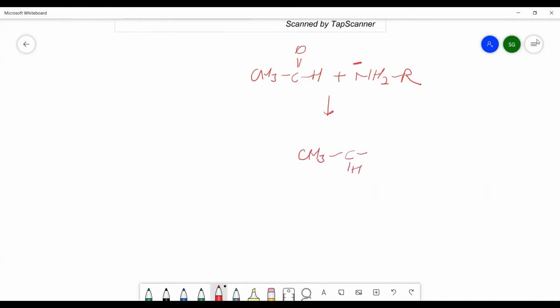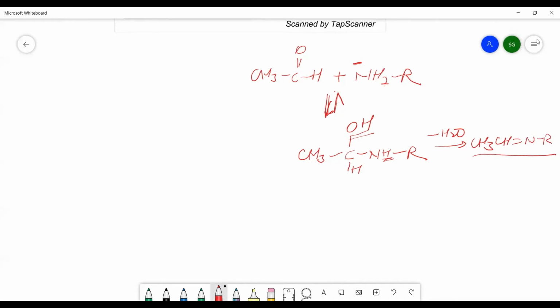This will be attached to the carbon atom and hydrogen will be attached to the oxygen, so that there is a formation of this kind of compound, and it is a reversible reaction. After that, there is a removal of a water molecule, OH and H, and there is a generation of a double bond between the carbon and nitrogen atom like this.